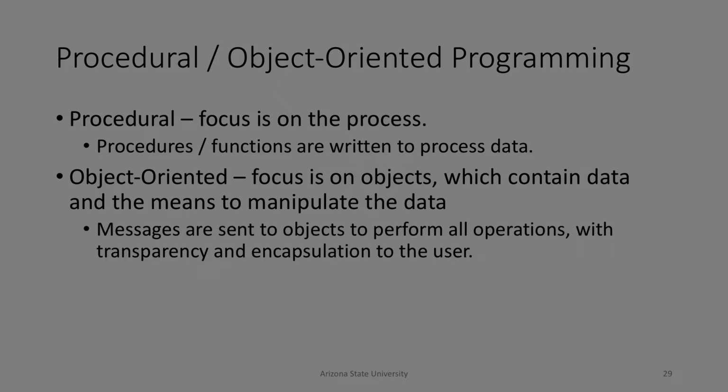And then you try to send messages to these objects. For this student object, I send a message to say this student has completed this class and got an A. Then what the student object on the back end is going to do is say, I need to update my GPA based off of the grade in this class.